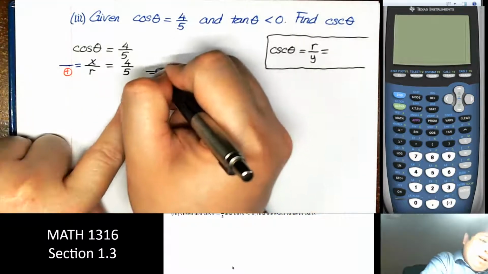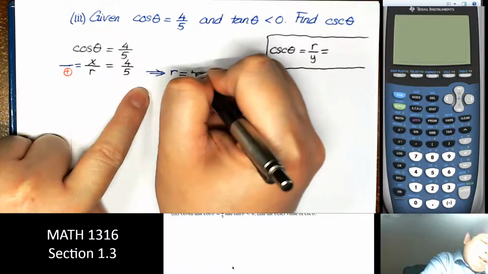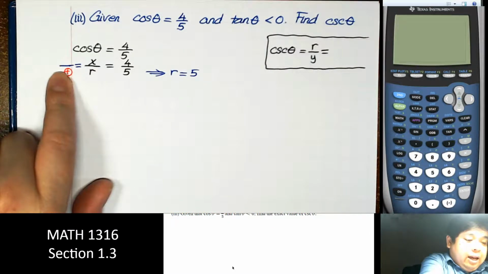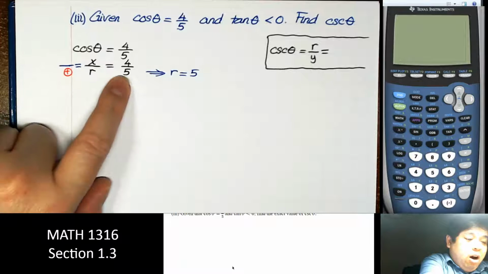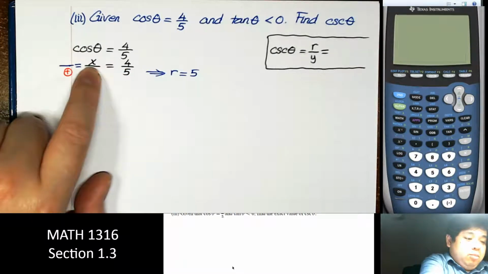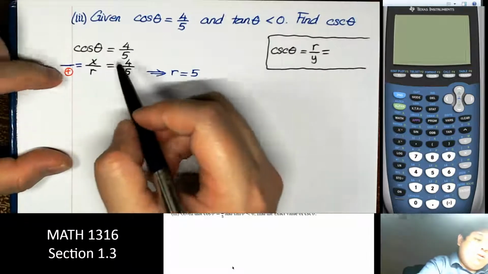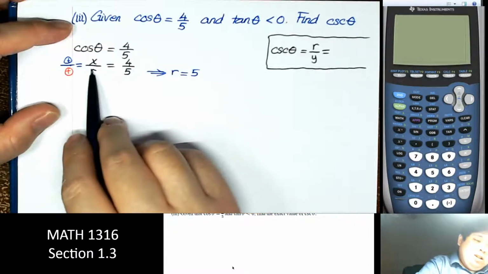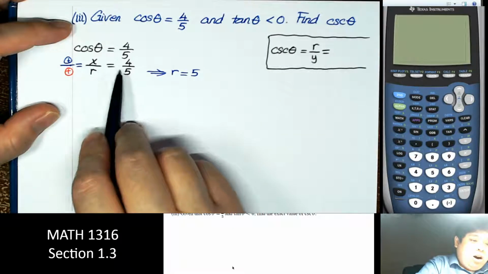So from here, r is equal to 5. And if we choose r to be 5, x is going to be 4, because the whole thing is positive, so x is going to be positive as well.